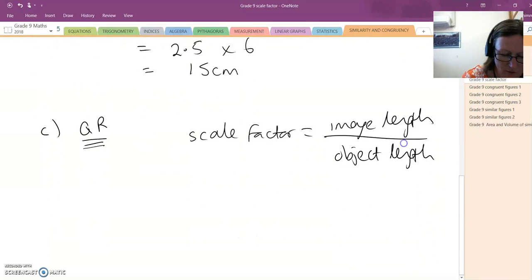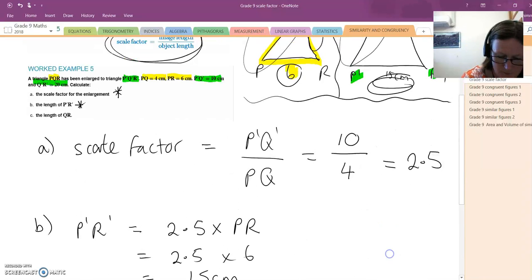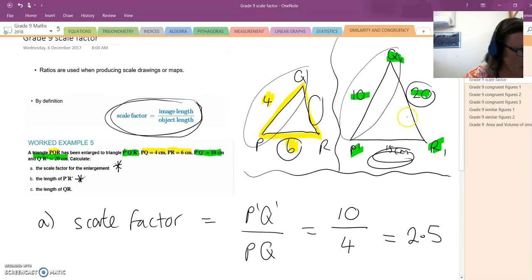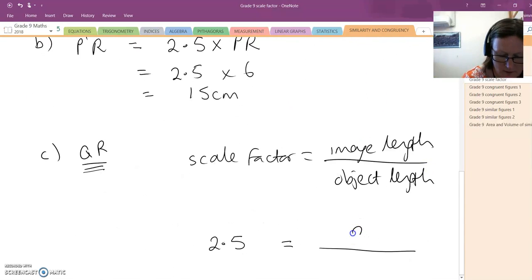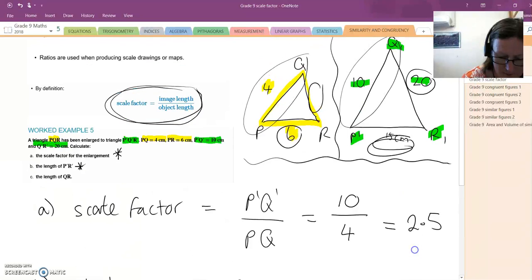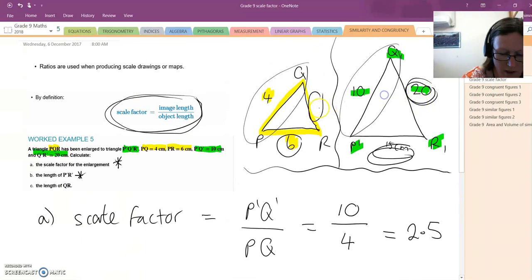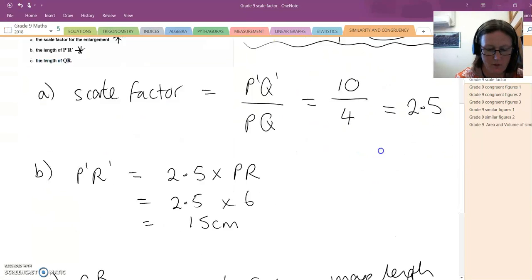So our scale factor is 2.5. Our image length in this case is our 20. That's here. And we're trying to work out what our object length is, so what our original length must have been.